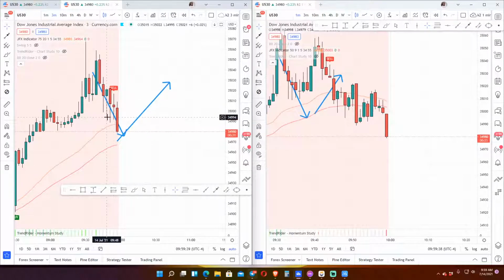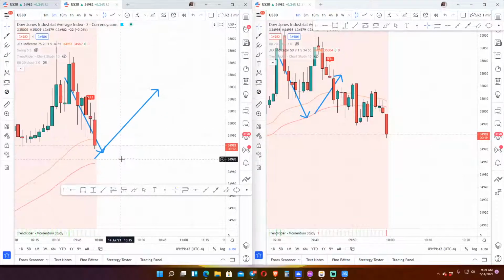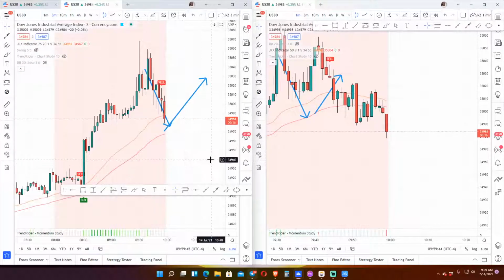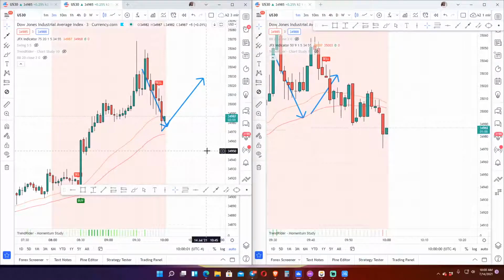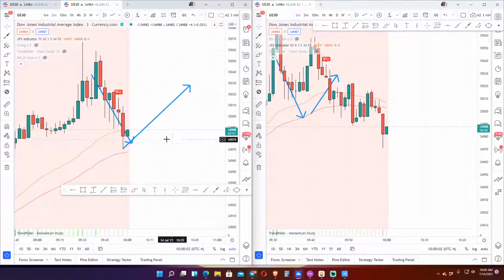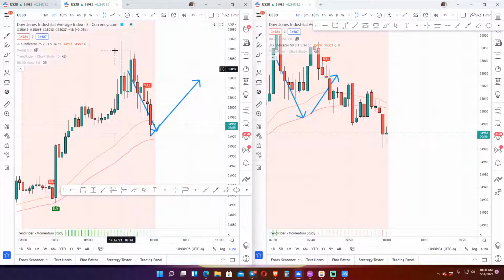Oh, look at that candle, man. Yeah, we got that pullback that we needed.